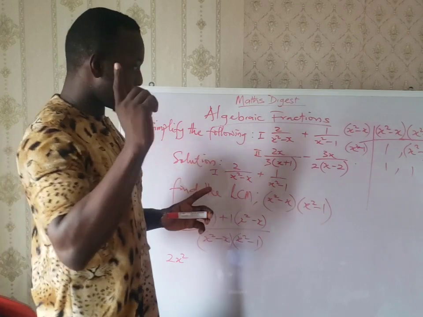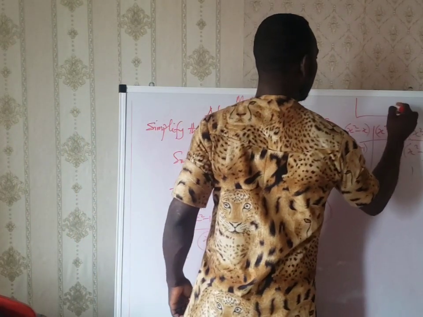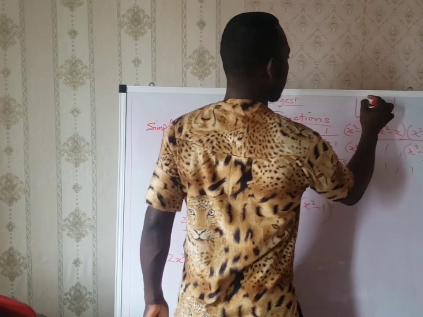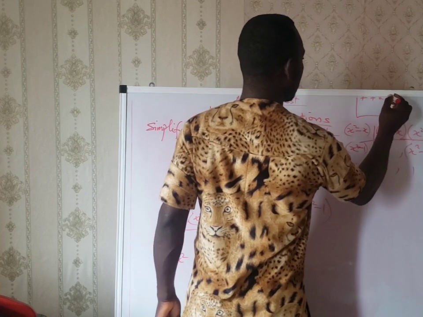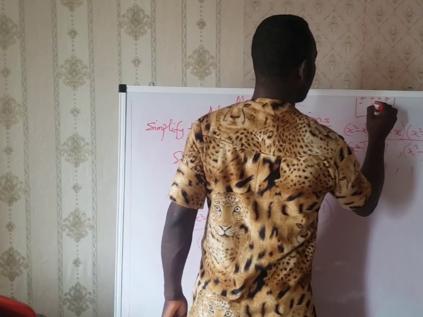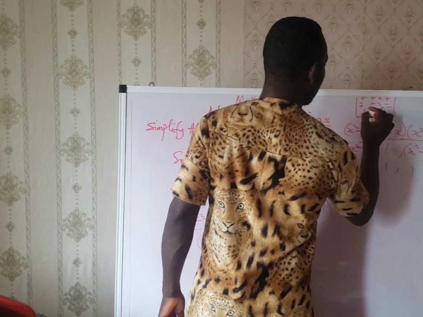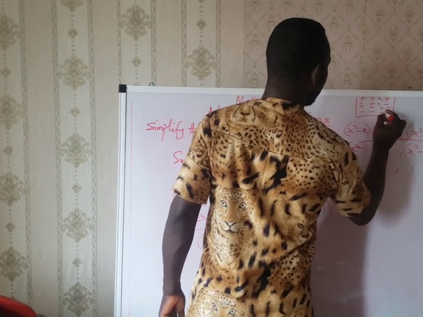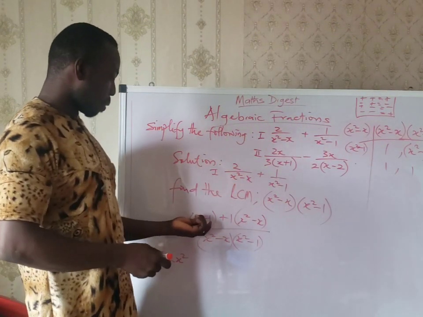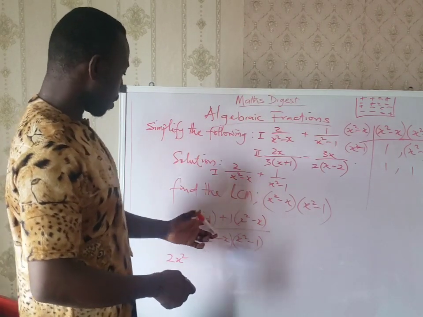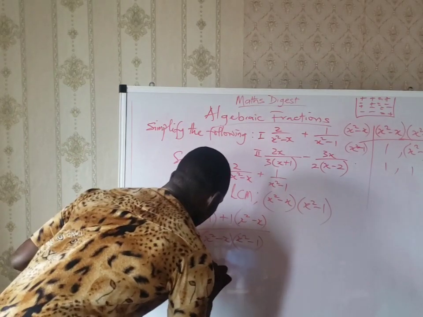Remember our key at the onset: plus times plus is plus, minus times plus is minus, plus times minus is minus, minus times minus is plus. Now if you look at this, this is plus 2 multiplying minus 1. This will give us minus 2.